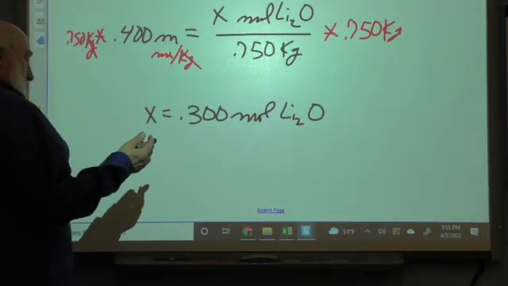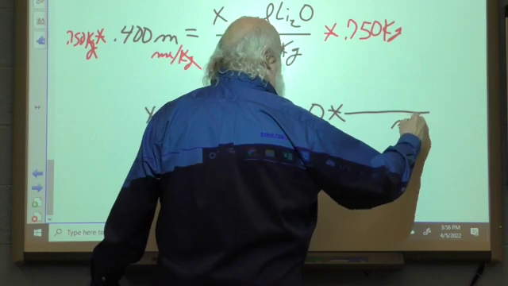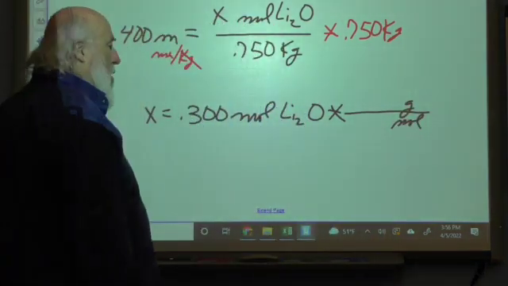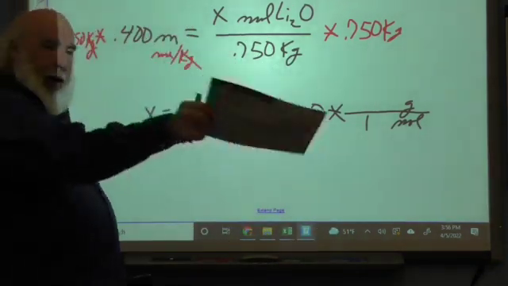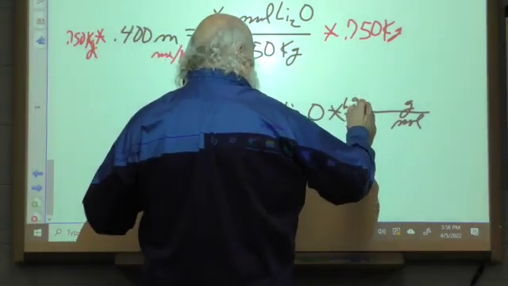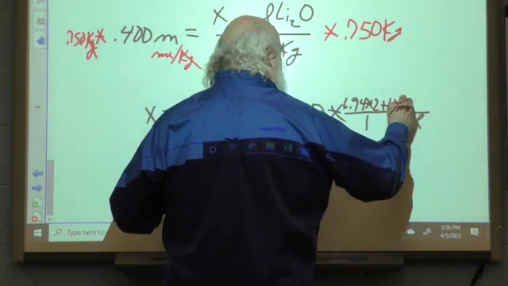But we want grams. So we're going to have to convert that to grams. We're putting moles in the denominator and grams on top. So 1 mole, again, go to our handy dandy periodic chart here. And we got 6.94 for the lithium. There's 2 of them, plus oxygen 16.0.